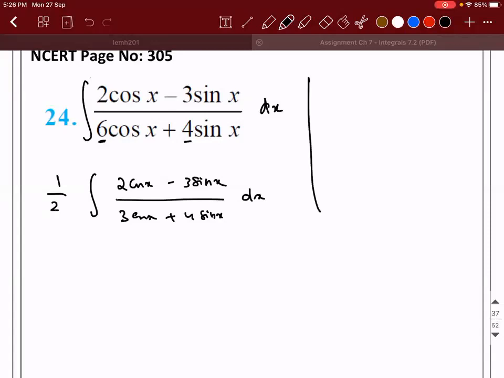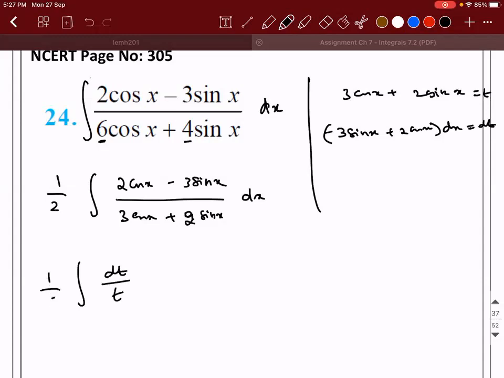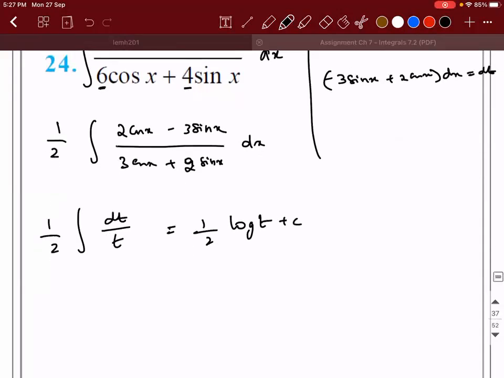The denominator is 3 cos x plus 2 sin x. Take it as t; then minus 3 sin x plus 2 cos x dx is equal to dt. So integral of dt divided by t into half. So 1 by 2 into log t plus c. What is the answer? 1 by 2 into log of 3 cos x plus 2 sin x plus c.